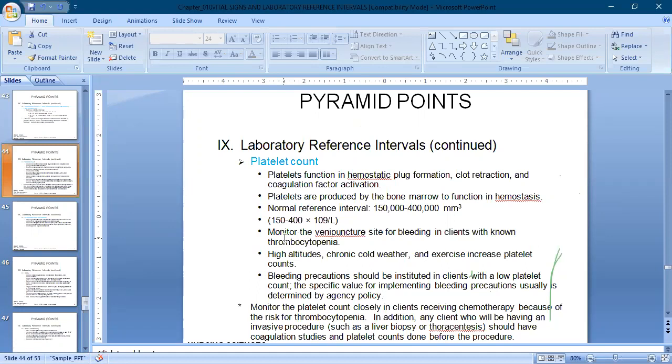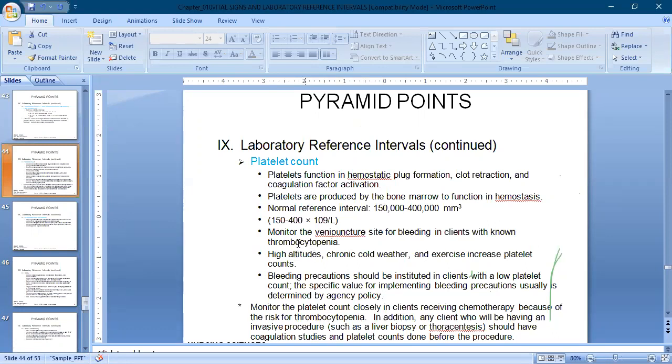So monitor the venipuncture site for bleeding. Another question: when we collect blood for a complete blood count, do we use arterial blood or venous blood? We take venous blood, and it is called venipuncture.